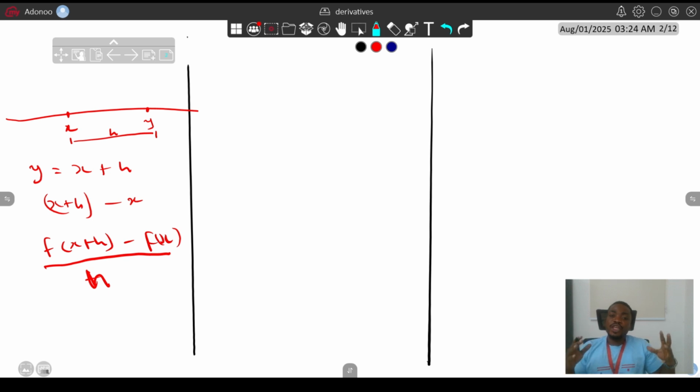The rate of change of distance. And this is how we calculate velocity.